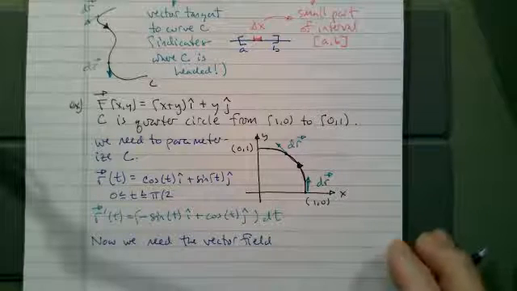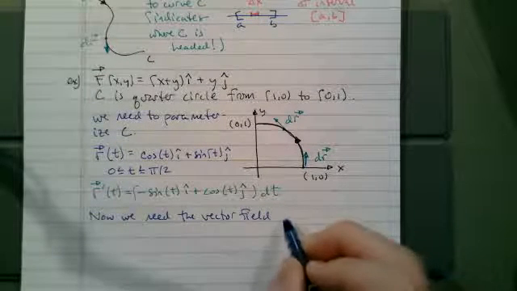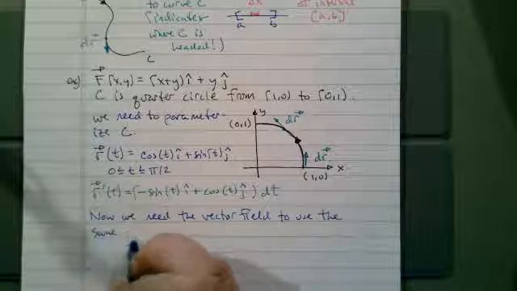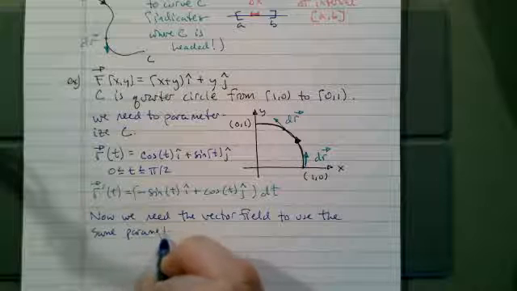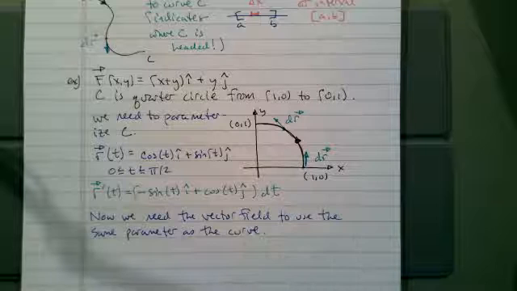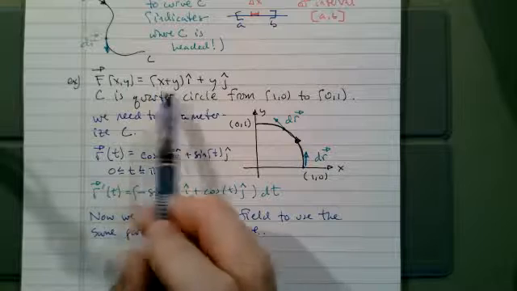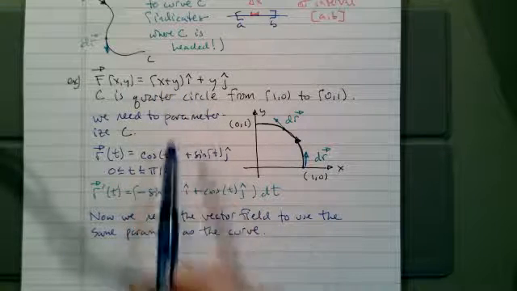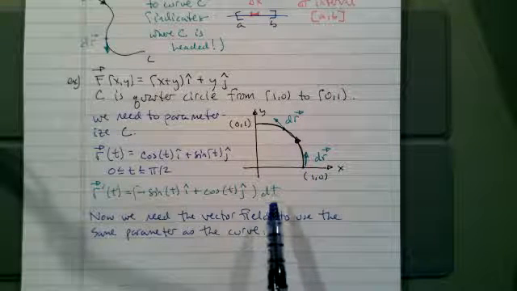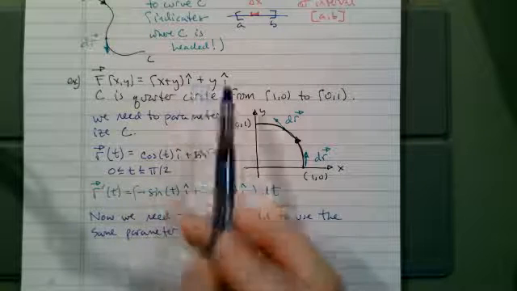What we need to do is get the vector field to use the same parameter as the curve. It's not going to help if I have the vector field in terms of x and y, and the dr in terms of the parameter. Because then, what am I integrating? How do I integrate these with respect to t?